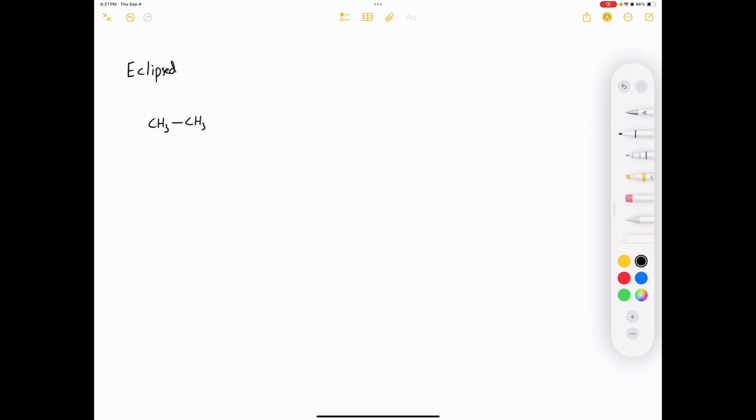Well, let's draw that in our different structure formats. If it's eclipsed, the H's are going to be oriented in the same directions on both carbon atoms, and they're going to look like they are directly in front of each other, like an eclipse would be, such as a lunar or solar eclipse.